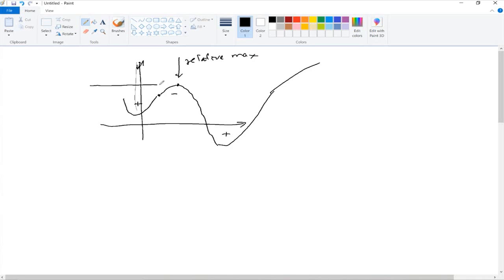It means relative because it's not absolute. It's not absolute because this is the value and the value is greater than, you know? But calculus always works in a neighborhood. This is a maximum for this neighborhood, you know? Then it is relative. Calculus always speaks about relative maximum or relative minimum.